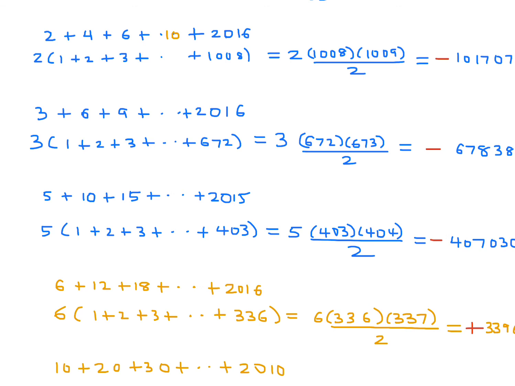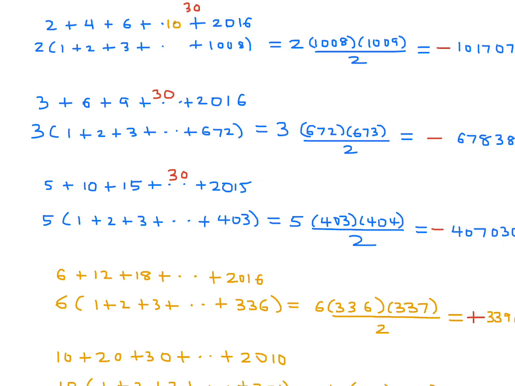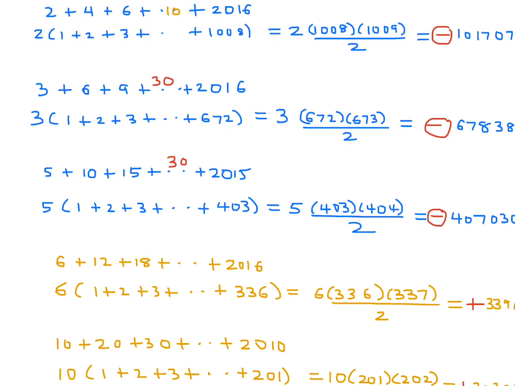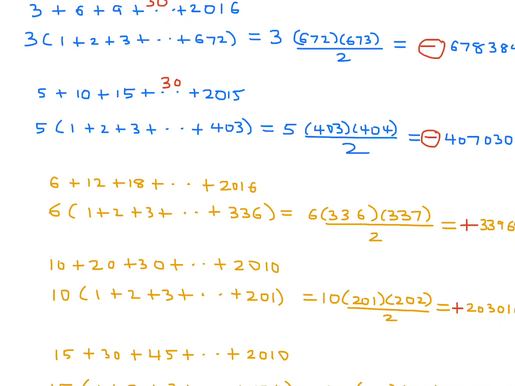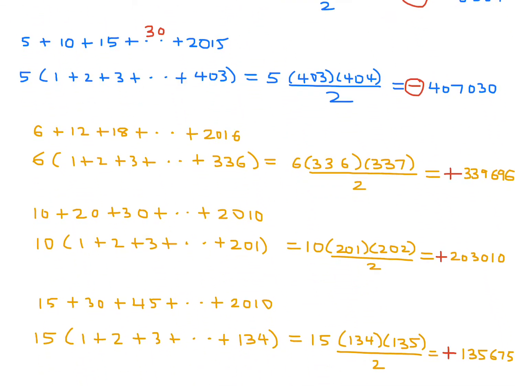And what's interesting about 30 is that it appears in all 3 lists. It would appear in this list somewhere in here because it's a multiple of 2. It would appear in here somewhere because it's a multiple of 3. It would appear in here because it's a multiple of 5. So if you notice, we subtracted it here, and we subtracted it here. But then we added it back here because 30 is a multiple of 6.